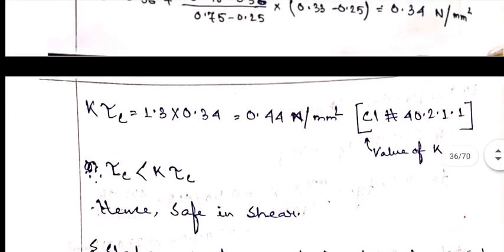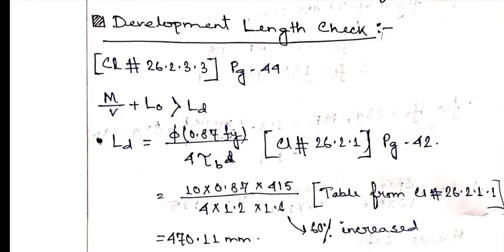Okay, so let's go to the next step. The next step is the development length check. For the development length check, we have to go to clause number 26.2.3.3, page 44. From this clause we will get the formula M1 by V plus L0 is greater than or equal to LD.